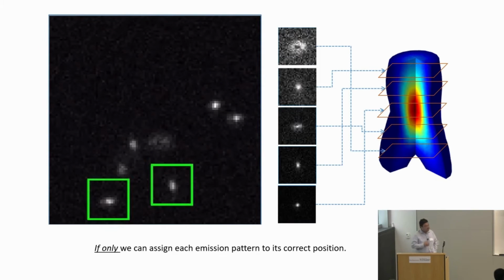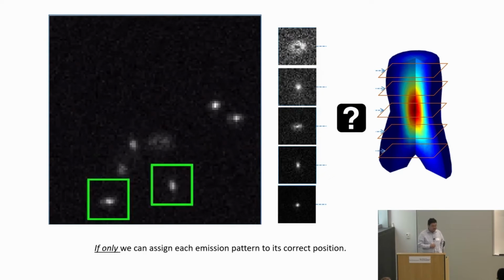However, the link between the point-spread function library you built from your data set and the in situ one is actually missing. So the question is, if only we could assign each of the emission patterns we get from our single molecule data set to the correct position, then we could directly obtain this underlying truth of the point-spread function description for our point emitters.